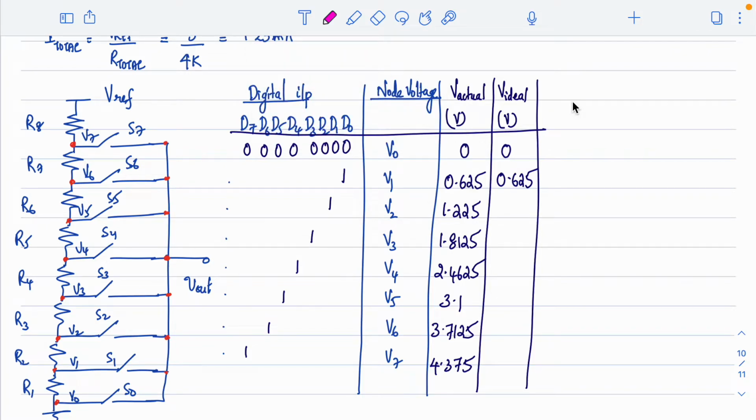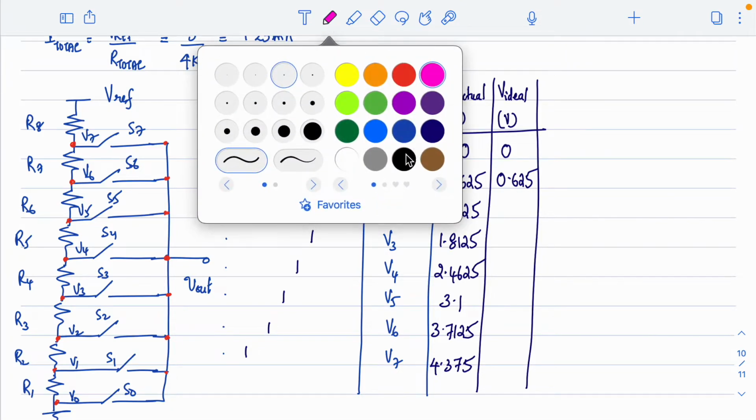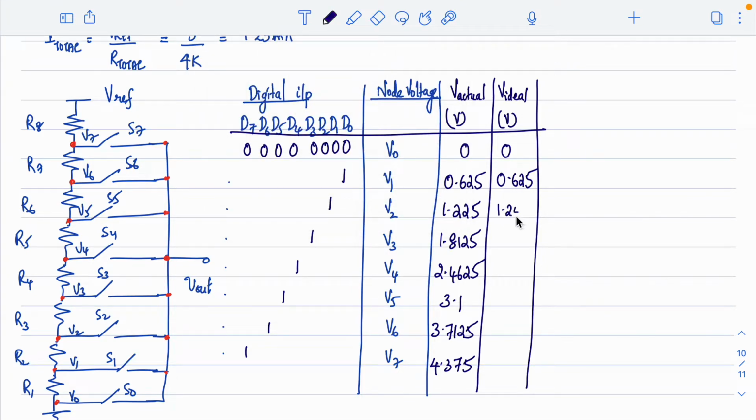Can I get the ideal values? One is 0.625. Then 1.25, then 1.875, 2.5, 3.125, 3.75 and 4.375.